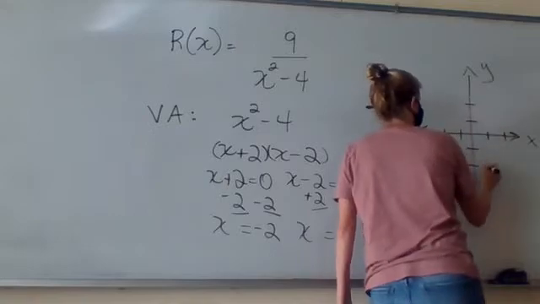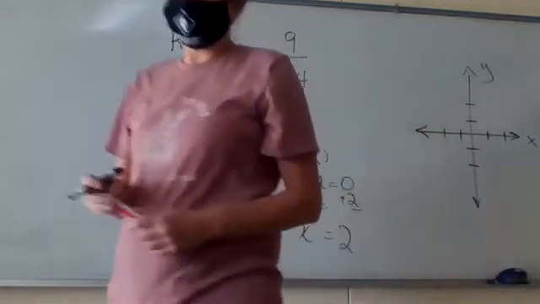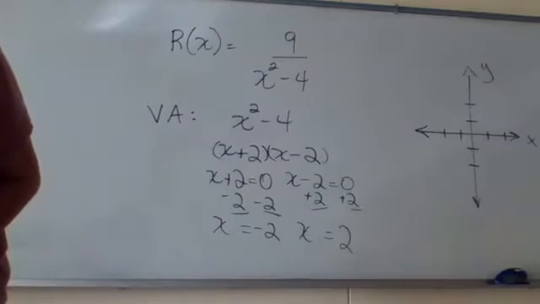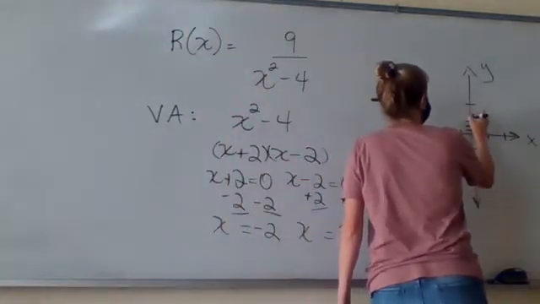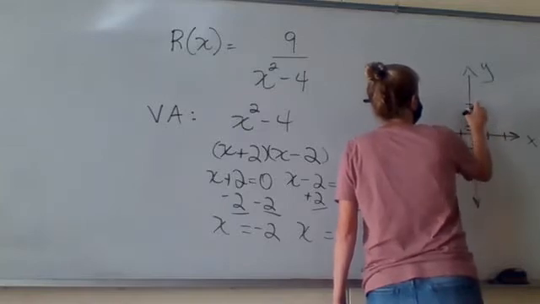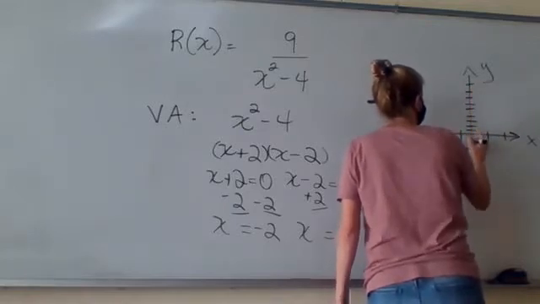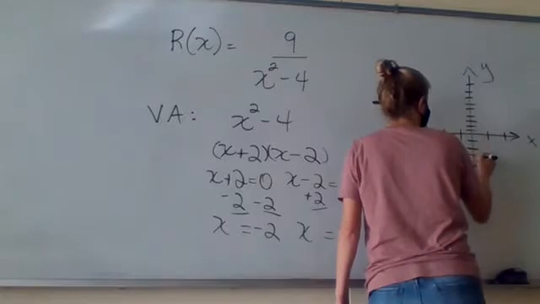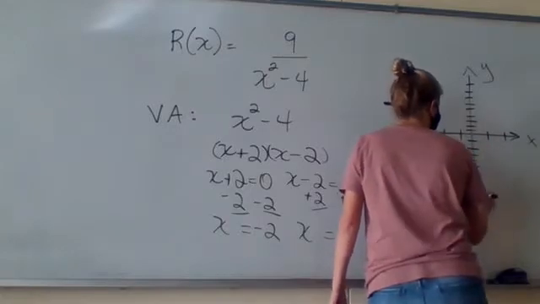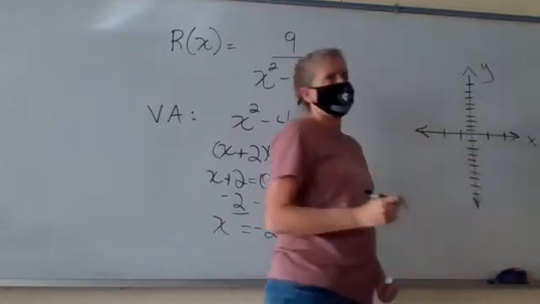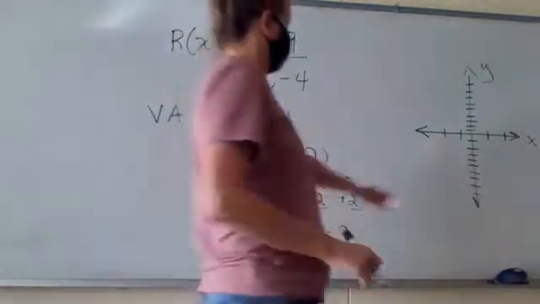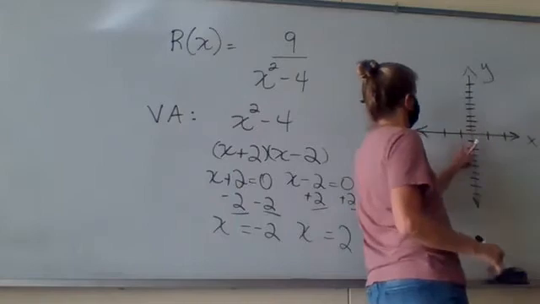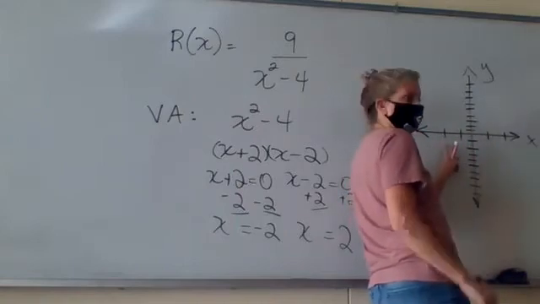So here's what all the multiple choice graphs look like. The x-axis goes by 2's, so this is 2, 4, -2, -4.